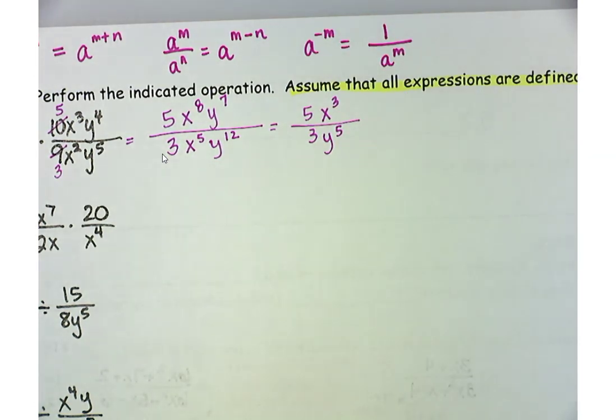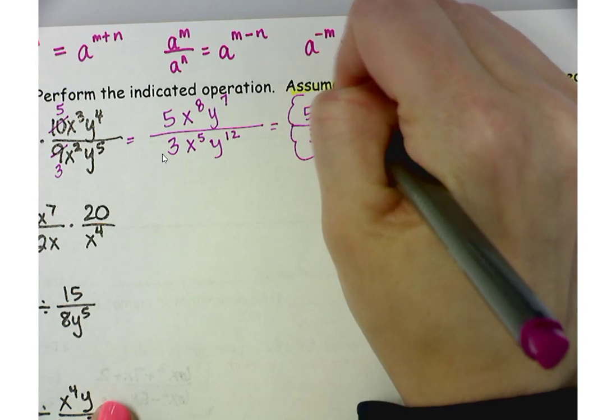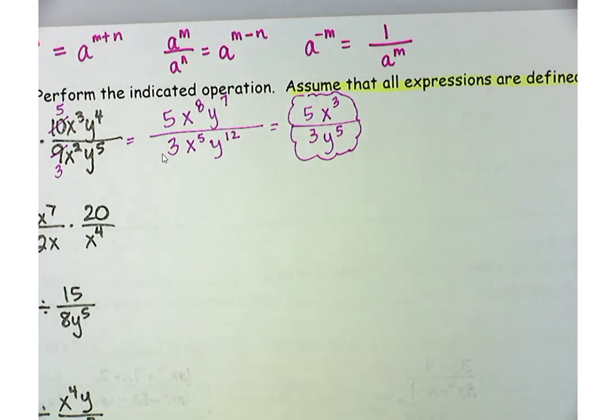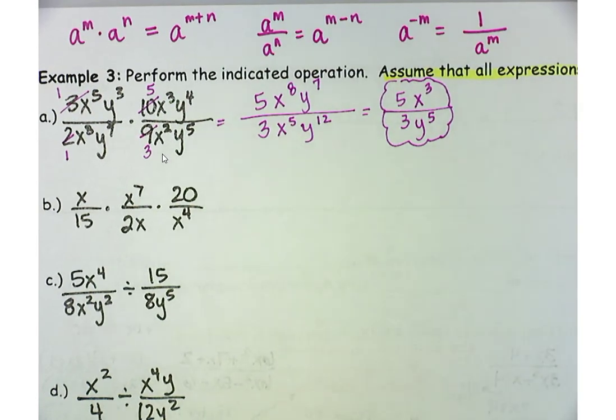Okay, now I want you to look at the previous step and see if you can come up with a rule where you can check to make sure you put your variables in the correct place. So what do we notice? All the x's ended up on top.